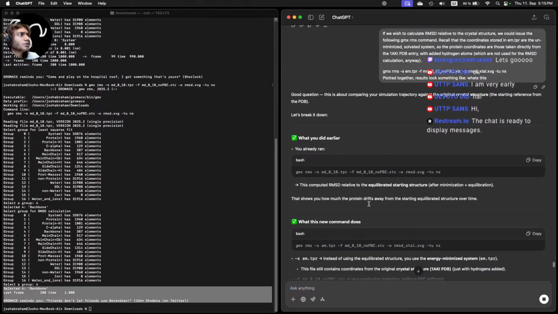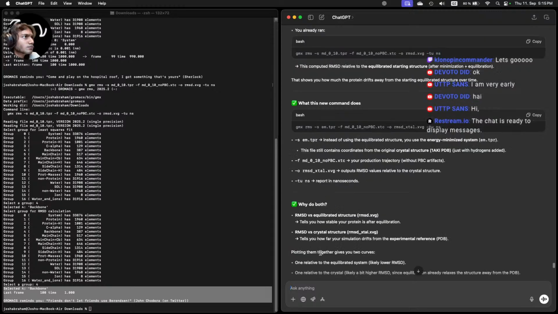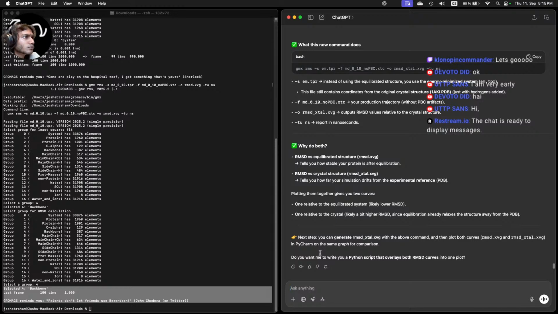This shows how much the protein drifts away from the starting equilibrated structure over time. What does this new command do? Okay, I think I'll do this also.